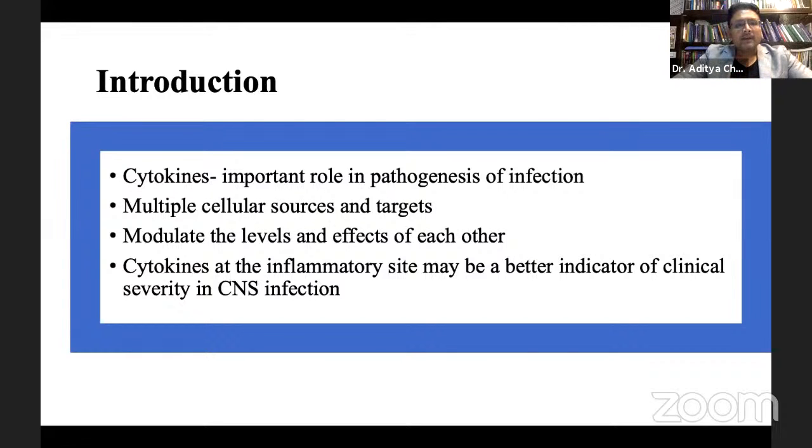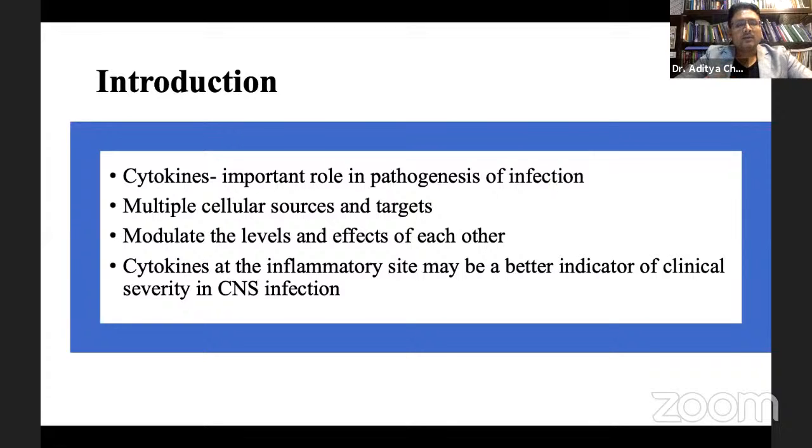So it is not a particular interleukin acting on a particular target, just like a plexus of nerves which supplies our body in neurology. They are formed by different roots and they ultimately come out as different nerves. Similarly, there are various sources of a particular interleukin, and various interleukins work together on the target. They all modulate the levels and effects of each other.